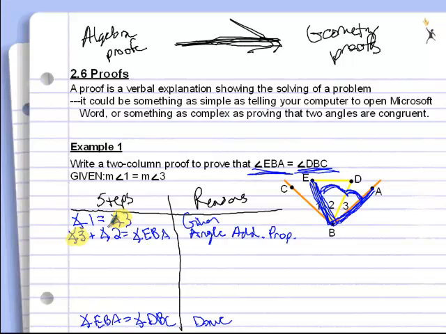It's the same value. They told me angle 1 and angle 3 are the same. And so instead of writing angle 3, I'm going to write angle 1 because I can substitute it in. Angle 1 plus angle 2 equals angle EBA. And again, what allows me to do that is the substitution property.